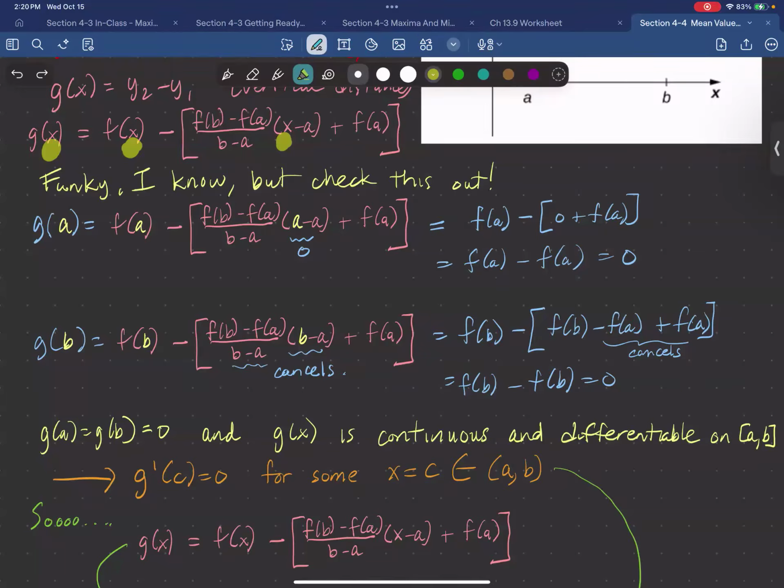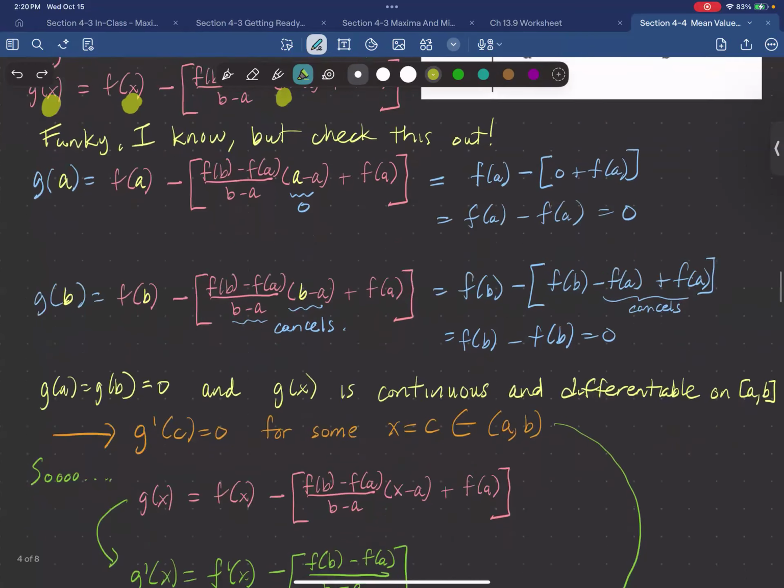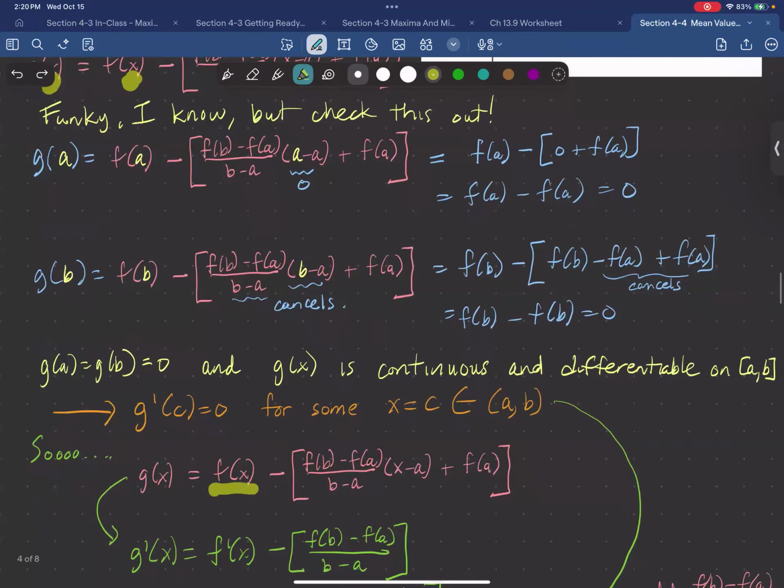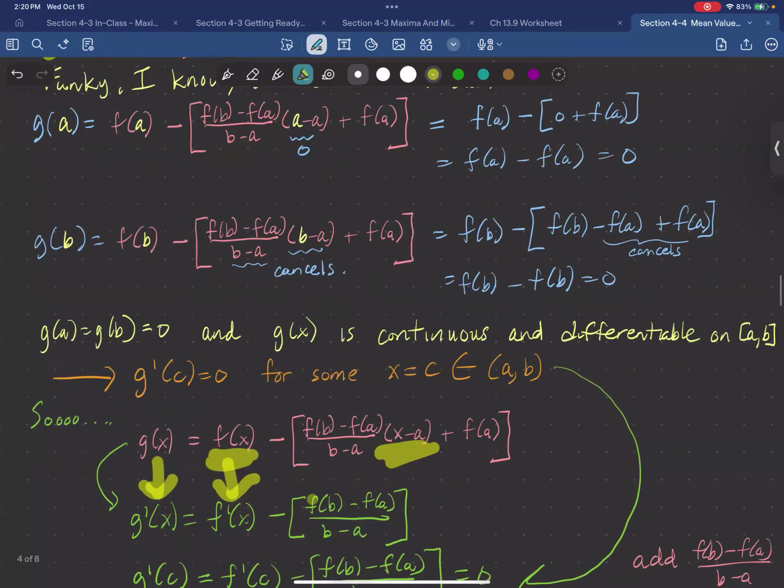So let's go back and look at g of x. We had g of x up here. We're going to take the derivative of that. And the derivative only hits the stuff with the x. So if I take the derivative of that, I get that. The derivative of that is f prime of x. This is just some number.